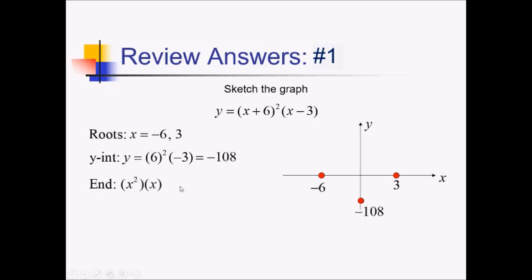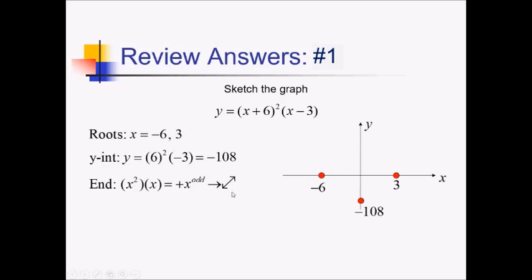Now, in general, this is going to be a positive x to an odd power. So if you have a positive x to an odd power, this is going to behave basically like a line with an upward slope in terms of its end behavior. So kind of like the graph of y equals x, kind of like this line right here. This means we're going to be starting below the x-axis and ending above it.